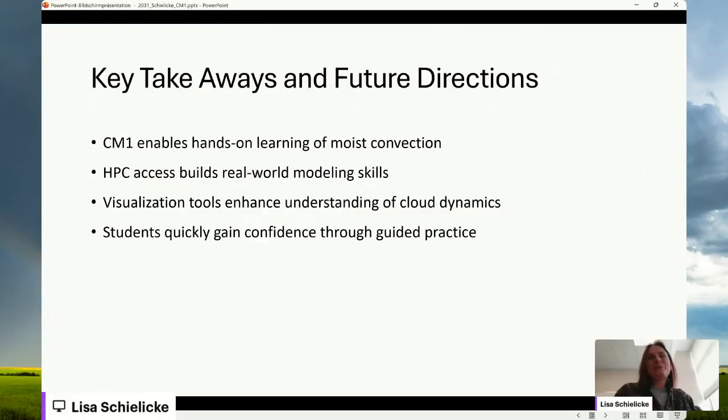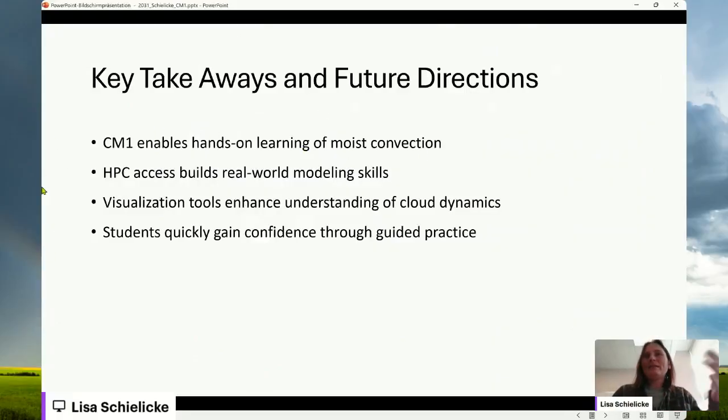My takeaway from this course is that, on the one hand, CM1 is a great model to introduce you to the realm of numerical weather and climate models, and you can relatively fast get your first simulation running and get hands-on learning of moist convection.